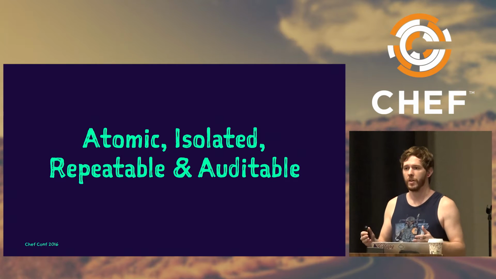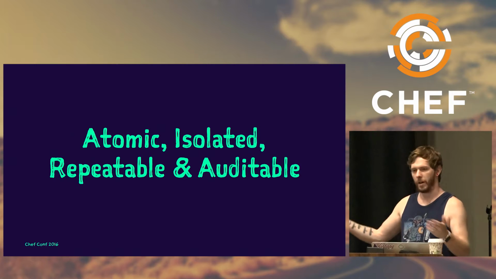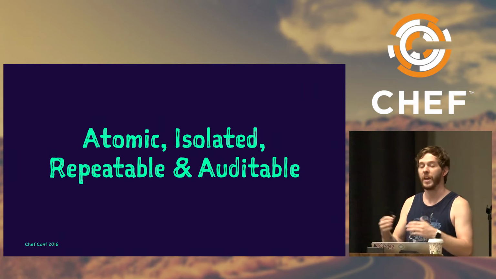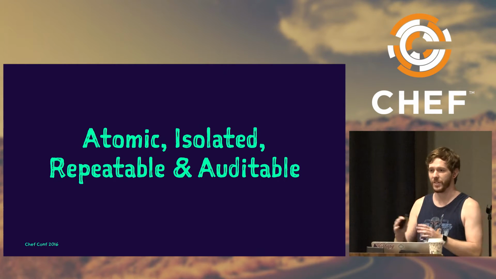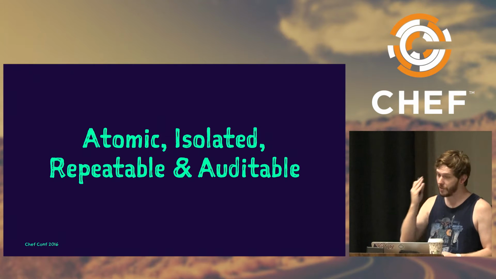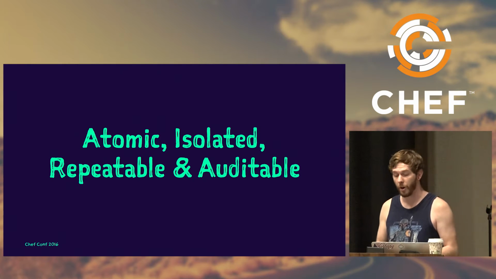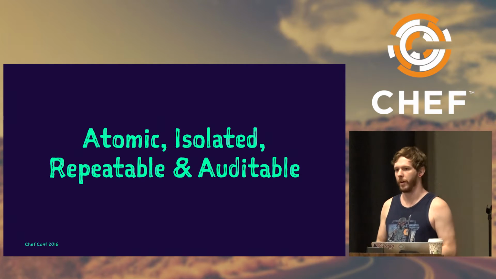It's because if you go onto some random machine and you install a package, like say you upgrade OpenSSL, but multiple applications are running on the machine, you don't know what you did to one of them, right? That's not an isolated environment. That's a shared environment. And deployments should also be repeatable and auditable. So if I do the deployment one time, it should always work.